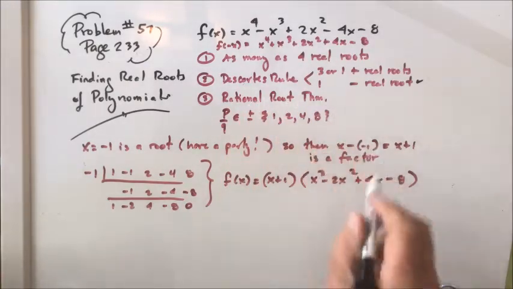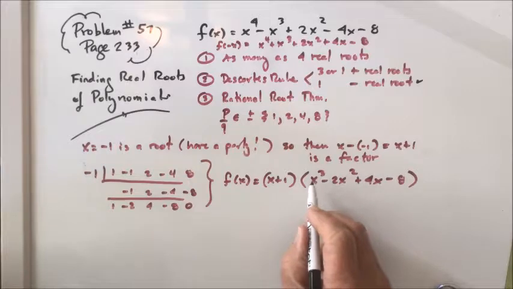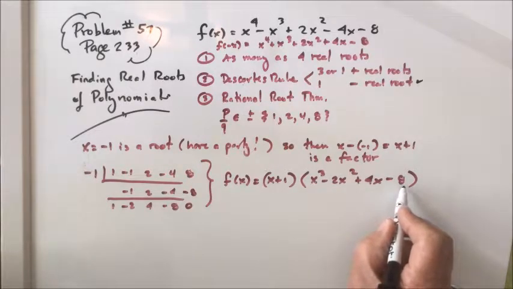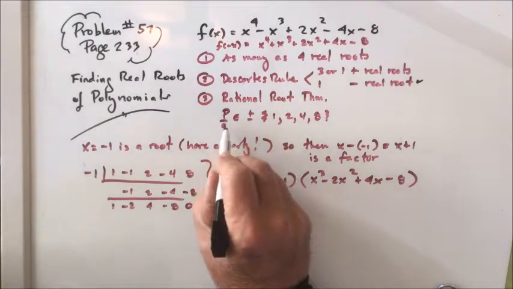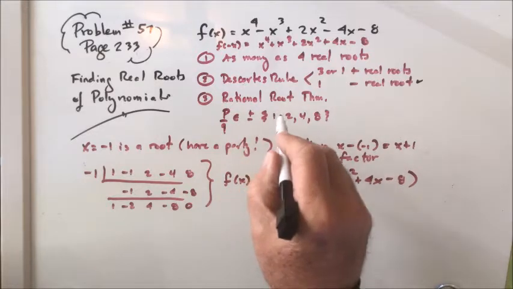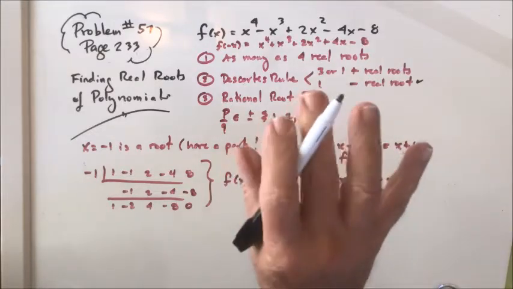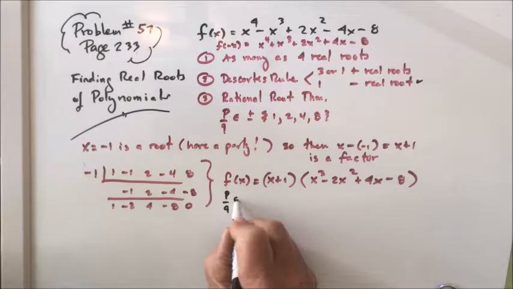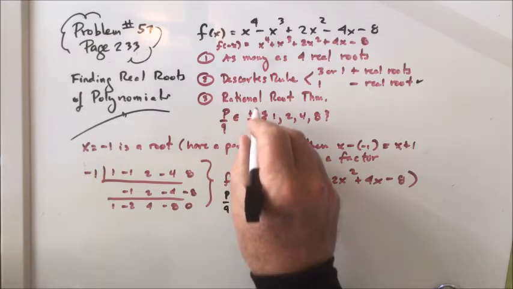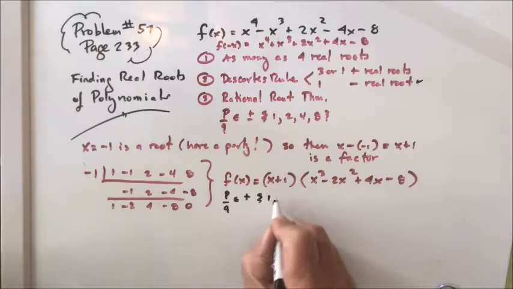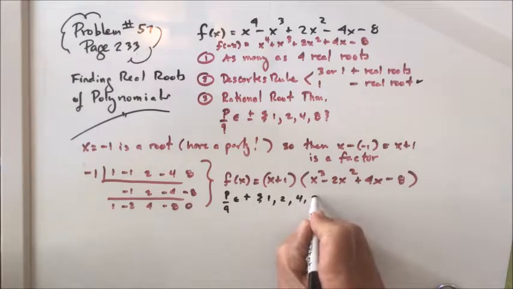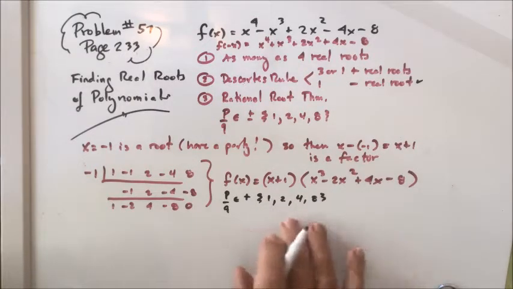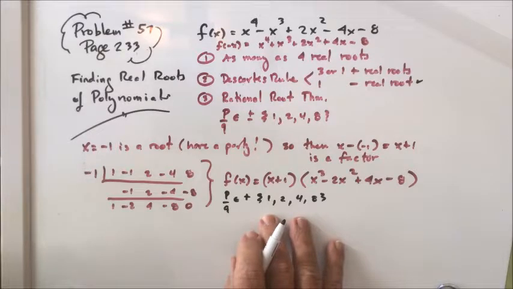That rational root theorem again tells you that you're looking for p over q in the set 1, 2, 4, 8, just the positive versions. So we just have 4 candidates to check.